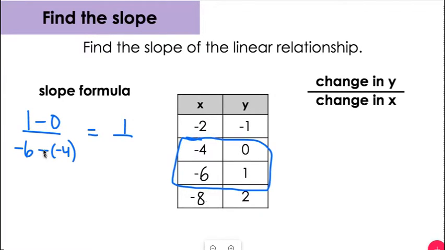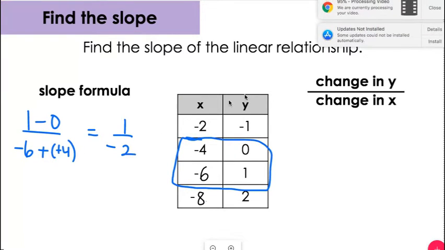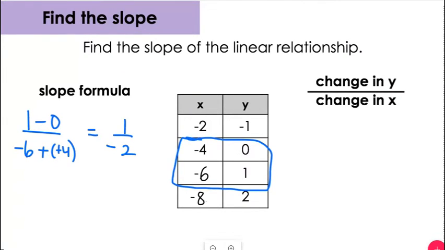Negative 6 minus negative 4. Let's add the opposite. Negative 6 plus 4 is negative 2. So my slope is 1 over negative 2, negative 1/2. Okay.